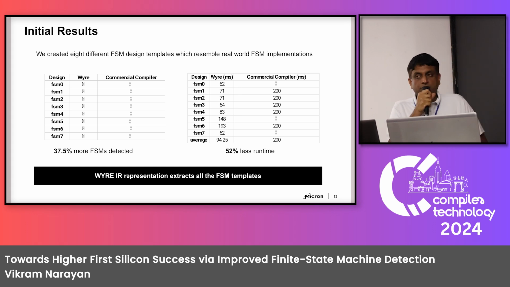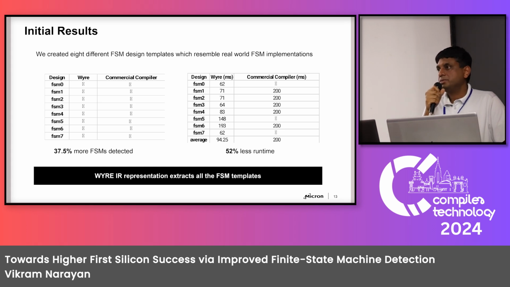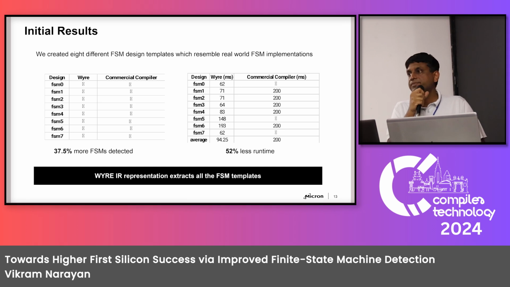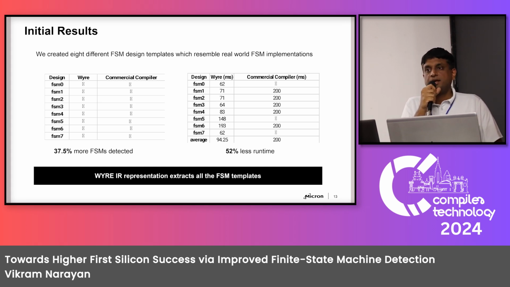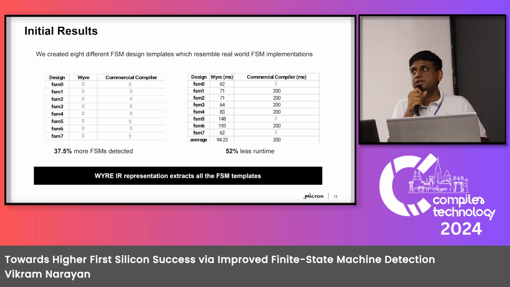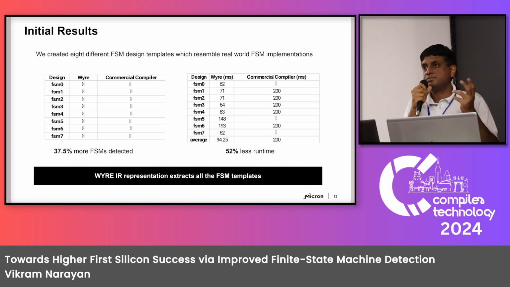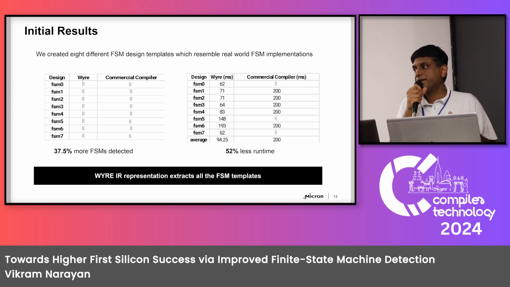Now, to what extent does all of this actually work? We looked into some of the most frequently used IPs, and from that, we identified about 8 most frequently used FSM implementations. We went ahead and remodeled the SystemVerilog code based on the FSM implementations in these most frequently used IPs.